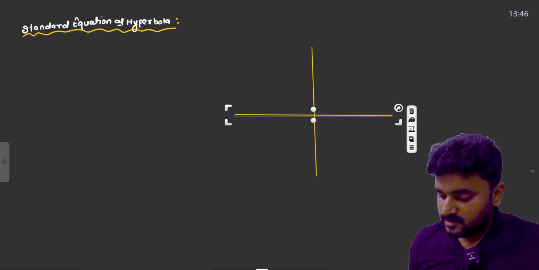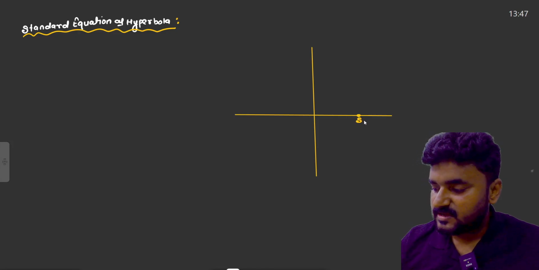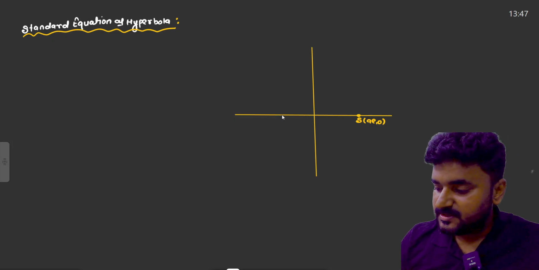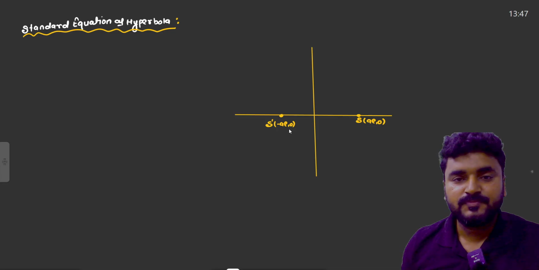Okay. Now I am going to take two fixed points, that is S, I will write AE comma 0, and I am taking S dash, that is minus AE comma 0. Okay.